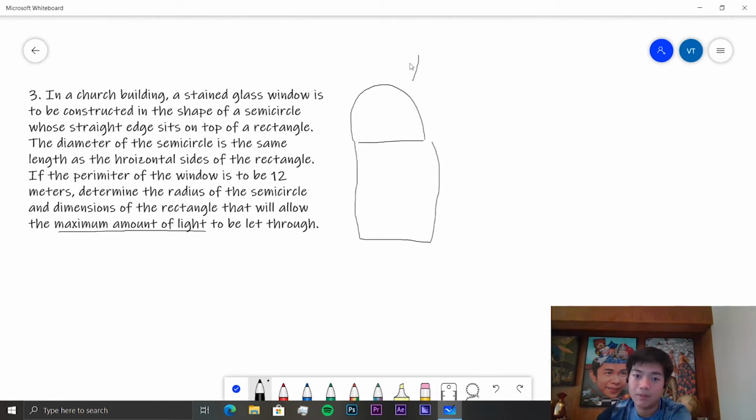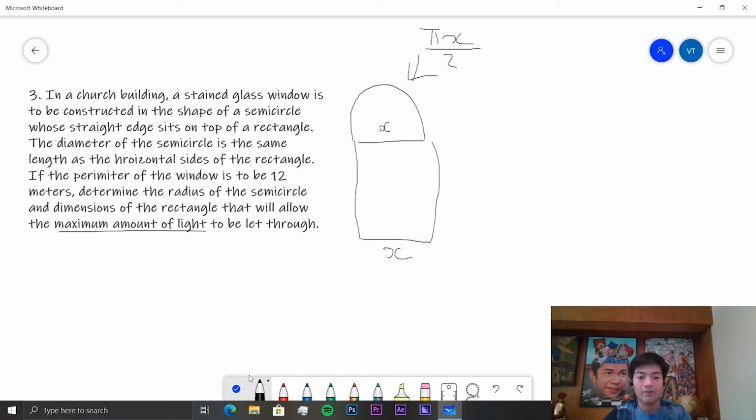So we know the perimeter of at least this part of the semicircle, the curved section, will be equal to, let's actually make some variables. Let's call this x. So the semicircle should be equal to pi times x over 2, half of the circumference. And the perimeter of the rectangle, well, we can calculate this because we have the perimeter of the window to be 12 meters in total.